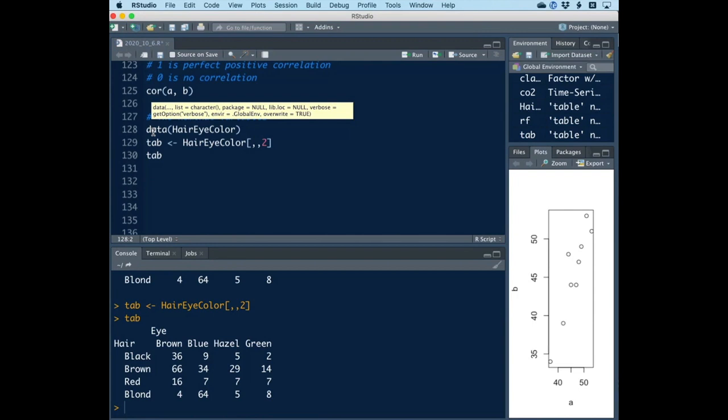This table represents the absolute frequencies of subjects in each class, and the class is composed by the combination of hair classes and eye classes. So for example, we have 36 female with brown eyes and black hair, and we have 66 female with brown eyes and brown hair. So more frequent.